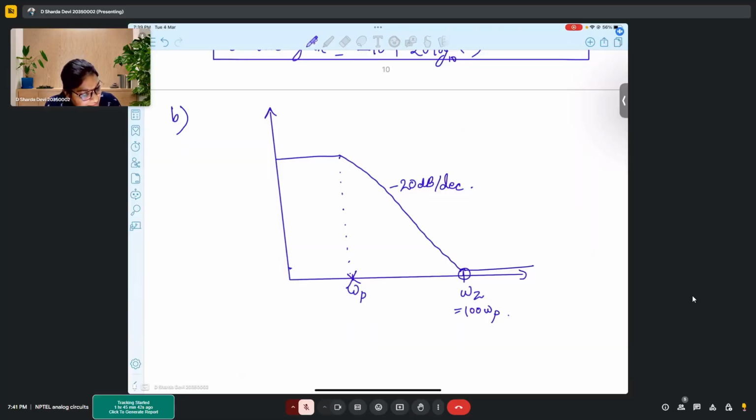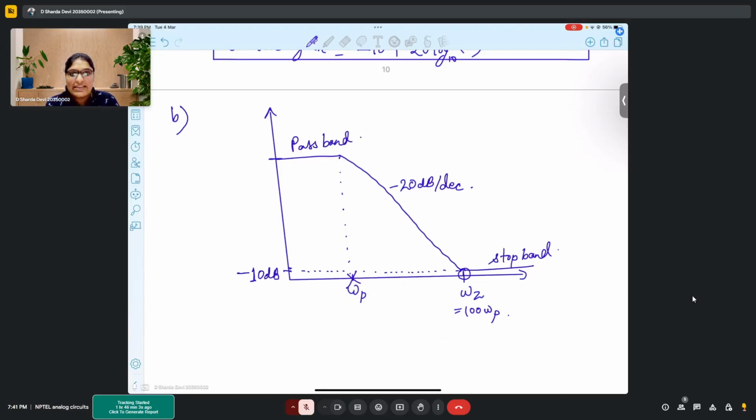This is the stopband here, and it is given that the stopband gain is minus 10 dBs. Then you have to find this passband gain.